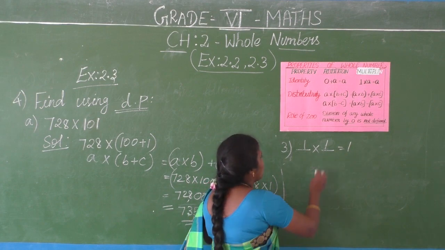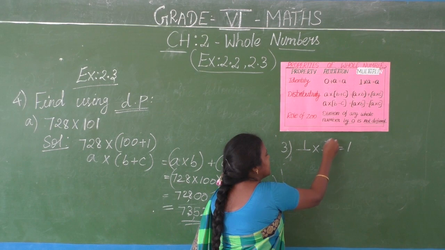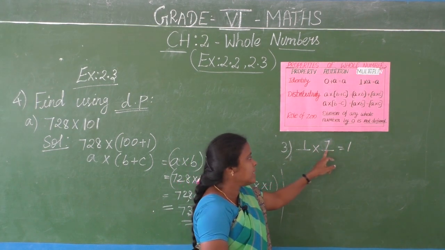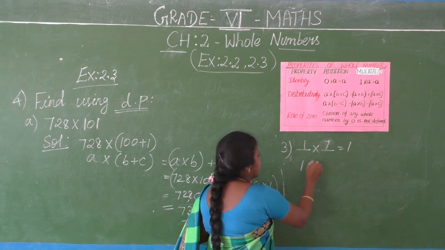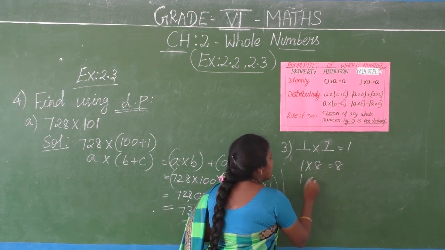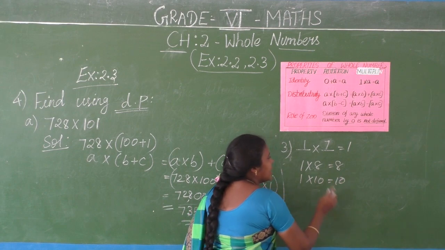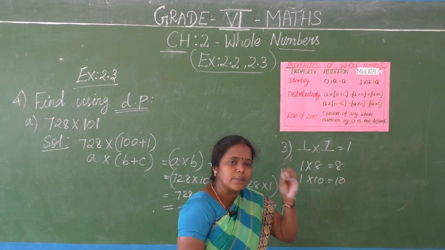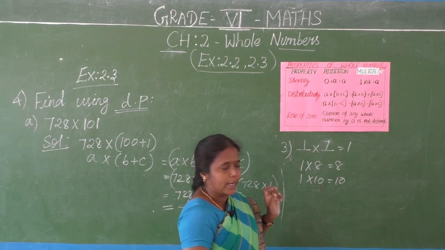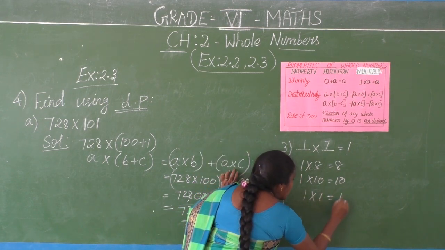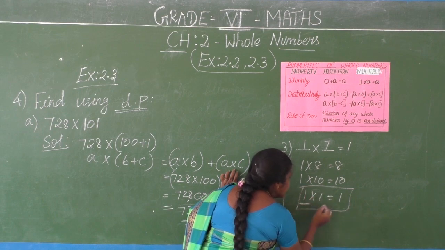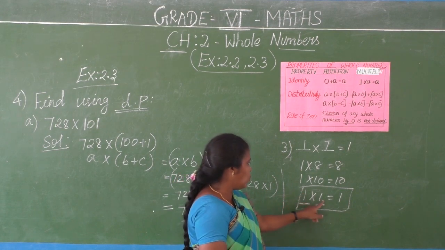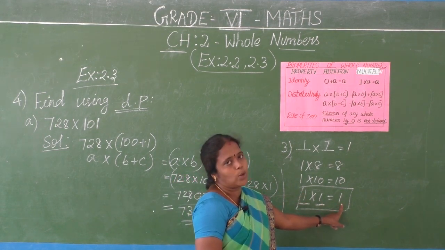Other than that, in one place 1, in the other place another number, you will get a different answer only. 1 into 7 is 7, 1 into 8 is 8, 1 into 10 is 10. But when will you get the answer 1? In both places you must choose the same number 1. 1 into 1 is only 1. So if you put 1 in both places, you will get the answer 1.